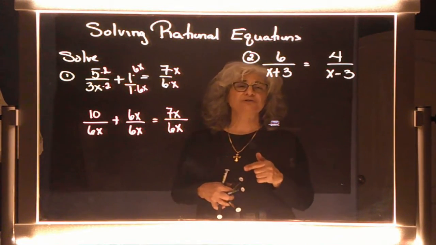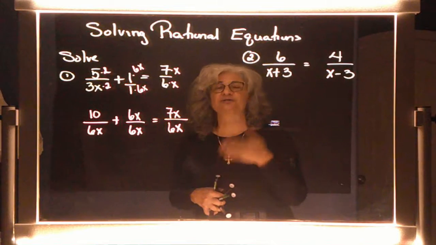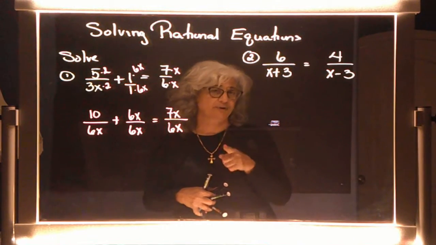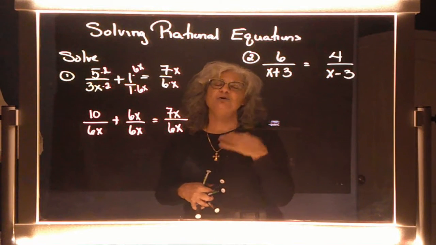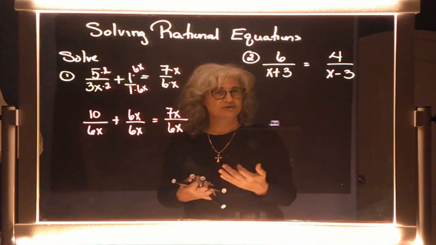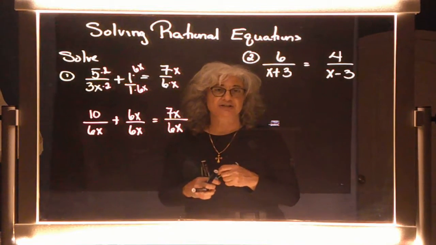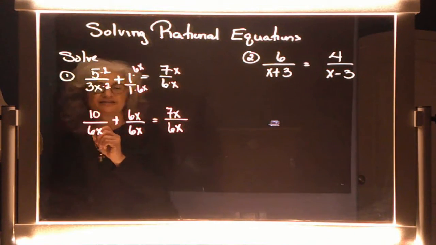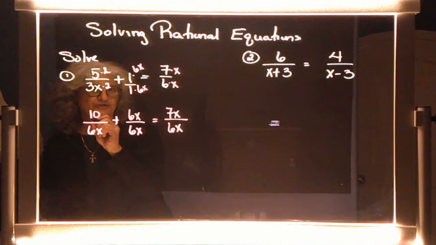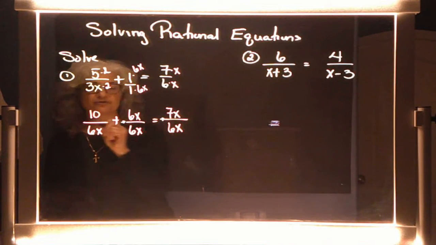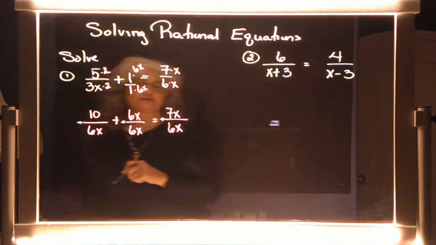Now let me ask you a question. Is it quicker to solve an equation with fractions or without? Mind you, I didn't say easier, I said quicker. Yeah, without, I agree. So here's the thing. What's the operation between each of these denominators and their numerators?